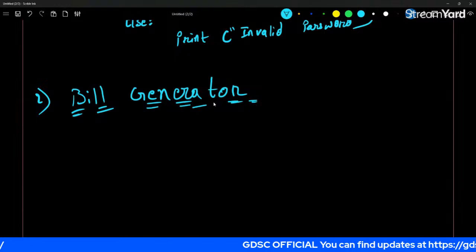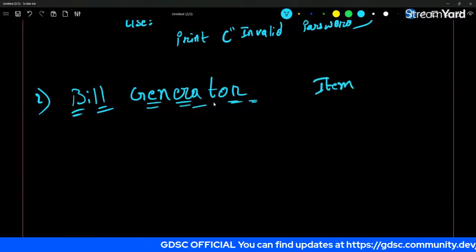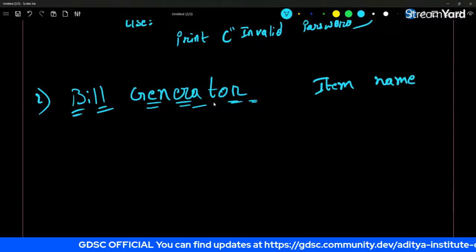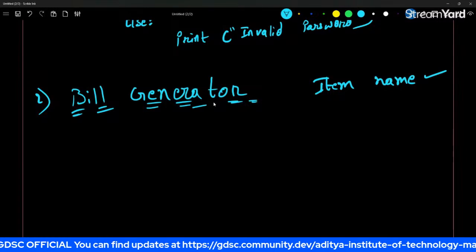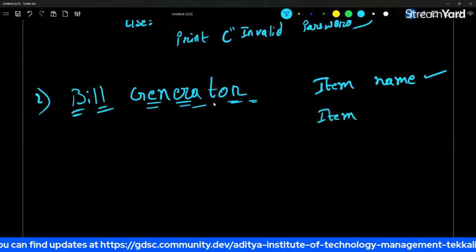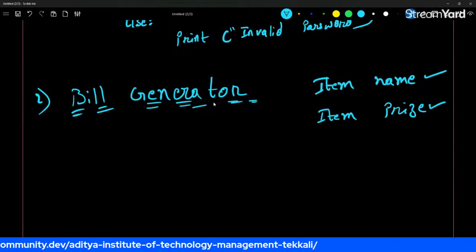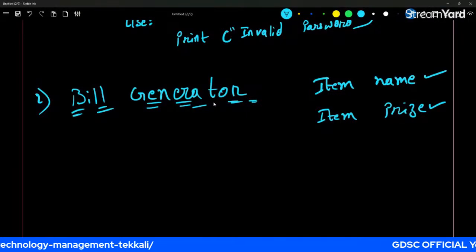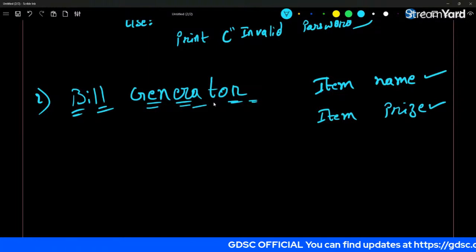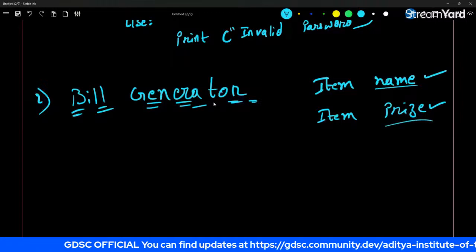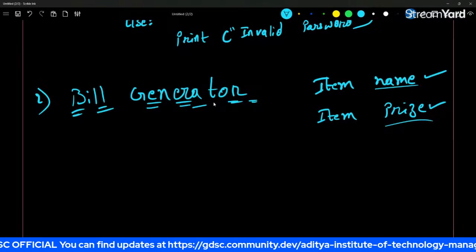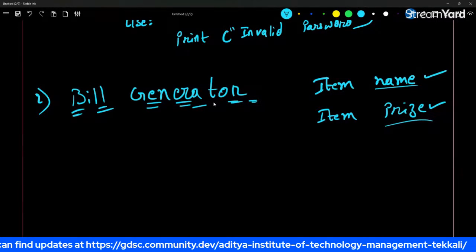The first one is the item name, and the second one is the item price. We will consider these two things when you go to any shopping mall. So to generate a bill, we have to consider the name of the item and the price.